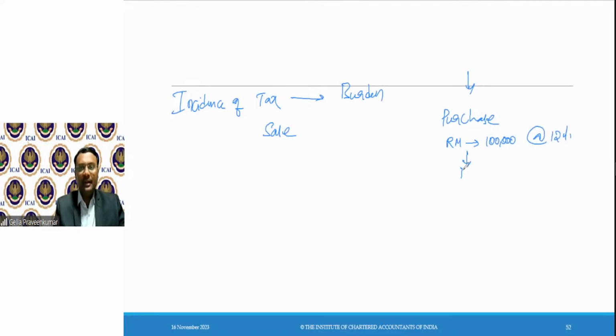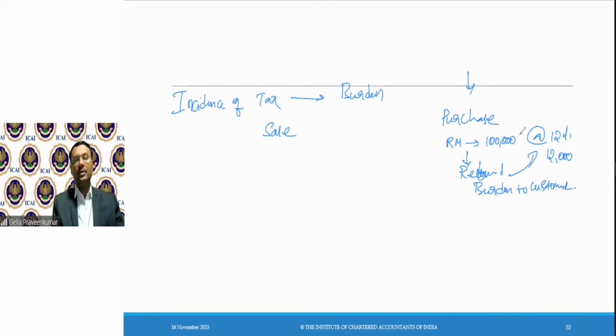I would like to claim a refund of this 12%. On 1 lakh, 12% happens to be rupees 12,000. So here, government says, why should I give a refund of this 12,000? What is the guarantee that you have not passed on this burden to the customer?